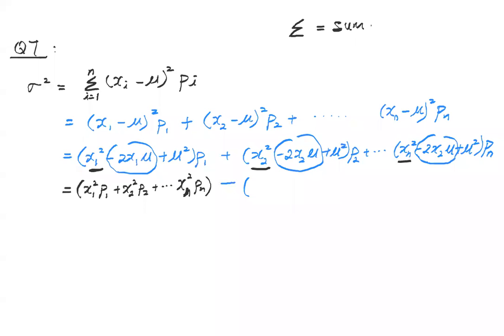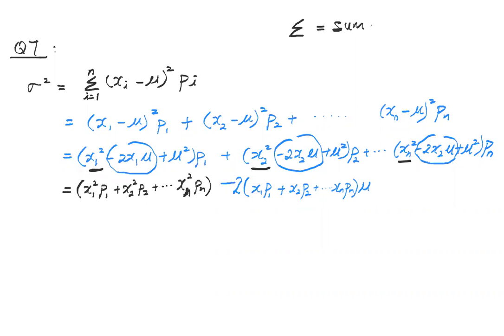And every one of them also has the mean multiplied in. That is a common factor. So I will write down the 2. x1 p1 plus x2 p2 plus dot, dot, dot, xn pn. And I write the mean outside here.